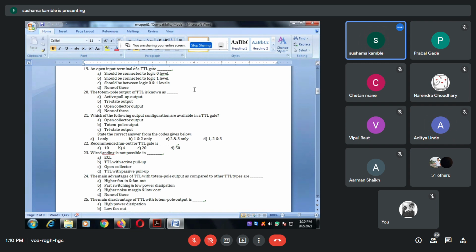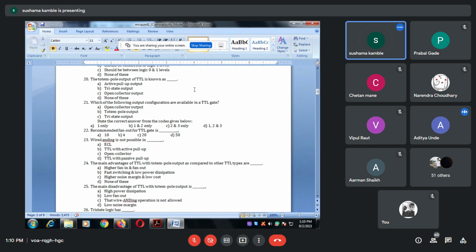Okay, a totem pole output of TTL is known as active pull-up output, open collector output, what is totem pole arrangement or totem pole output? When two NPN transistors are connected in series.